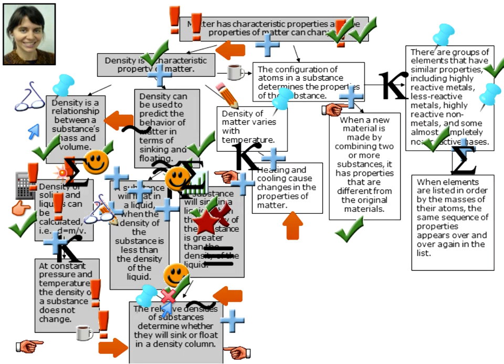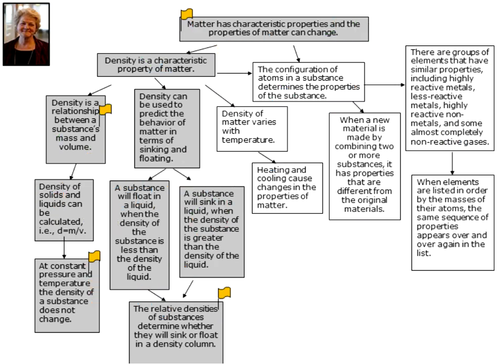So teachers like yourselves had this map in front of them, and when they decided to flag it, it looked like this. They decided that there were 4 important assessments for them. And again, you may disagree, and that's fine. This is a matter, again, of the group saying, this is what we think is most important. And so they wanted the kids to understand the relationship of mass and volume, the idea about constant pressure, it doesn't change, and the idea that the relative densities will tell you whether something sinks or floats.